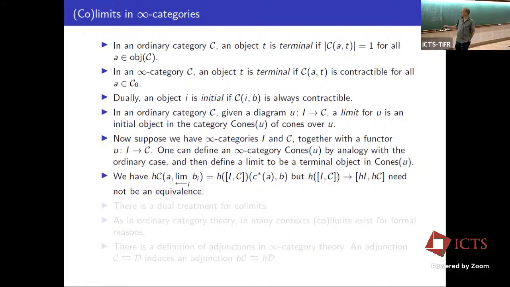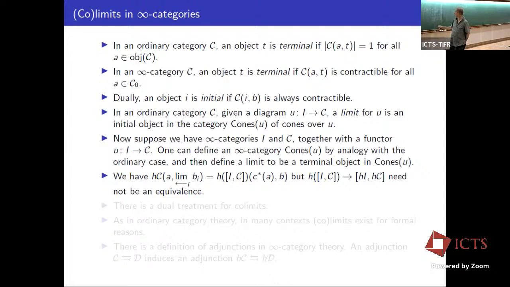So this is an obvious analog of what happens in ordinary category theory, but the point to worry about is that there are two different things you might think of putting here. Firstly, you can take the diagram category, the category of functors from I to C, and take the homotopy category associated to that.